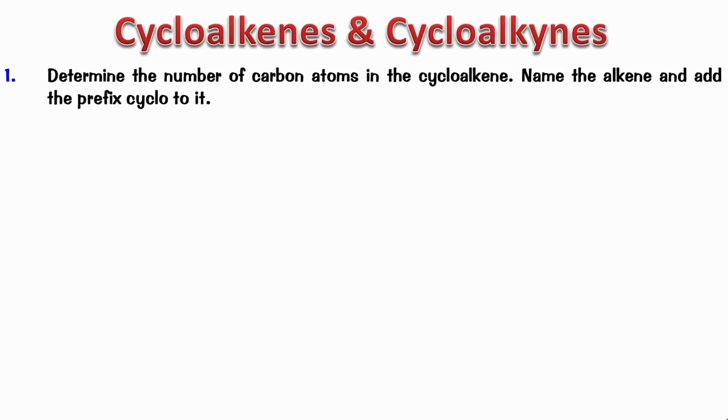For example, if I have, let's say, a 5-membered ring and I have a double bond here. Now this is going to be a 5-membered ring, 5 carbons, so that is pentene. And since it is a ring, I'm going to call it cyclopentene.